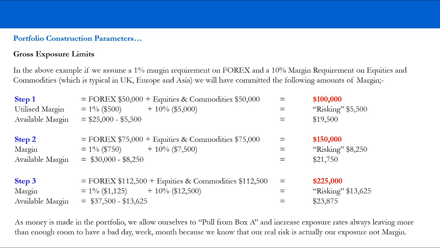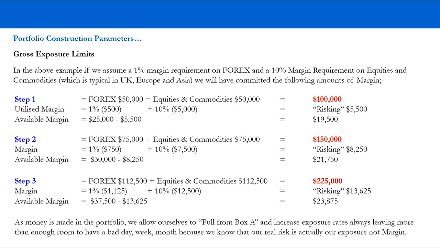The margin that we're utilizing is $750 in Forex and $7,500 in equities and commodities. So in total, in step 2, we're risking $8,250. Our available margin at the beginning of step 2 is $30,000, minus $8,250 that we're risking, leaving $21,750 as our cushion never to receive a margin call.